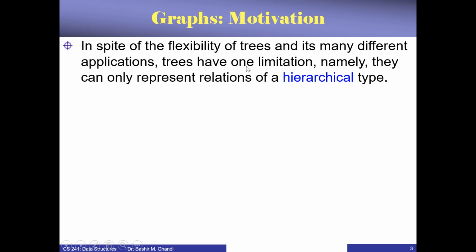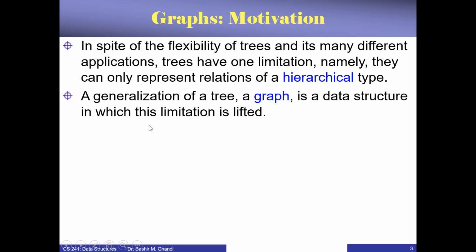So if your problem is of this nature, then you can apply trees. Now, a generalization of tree, which is called graph, is a data structure that will lift, if you like, this limitation.